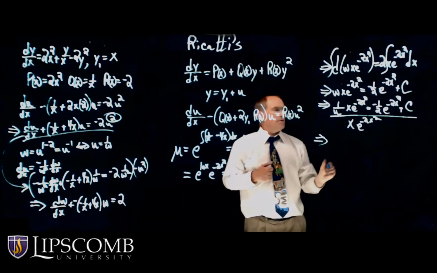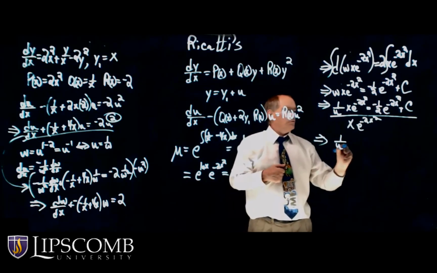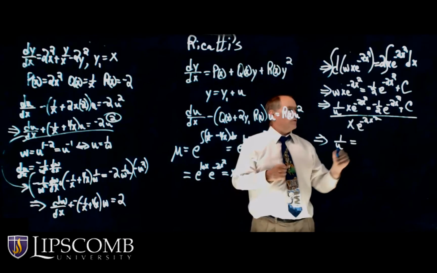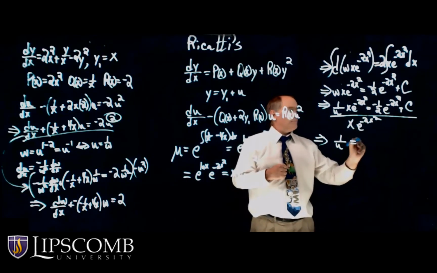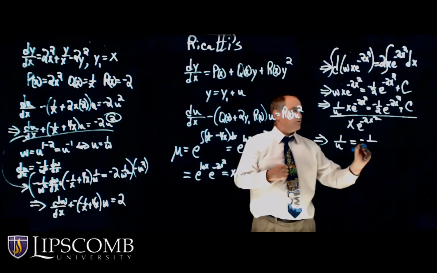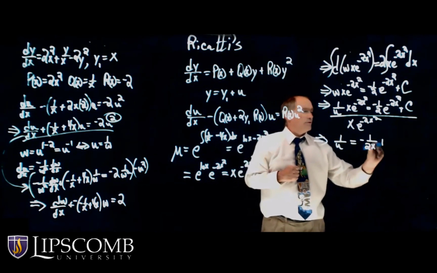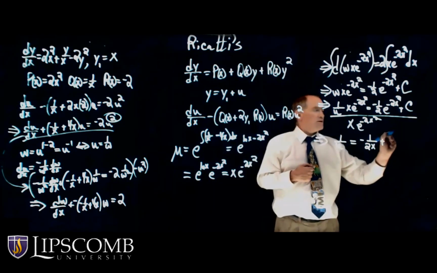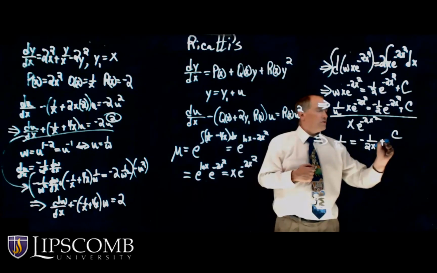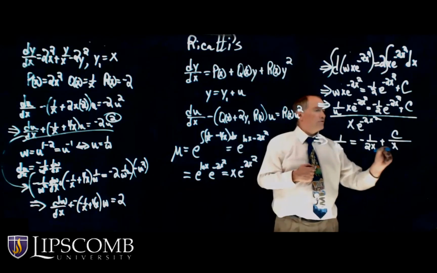So what do I get? I get 1 over u equal to, well, I'm going to get minus 1 over 2x plus c over x.